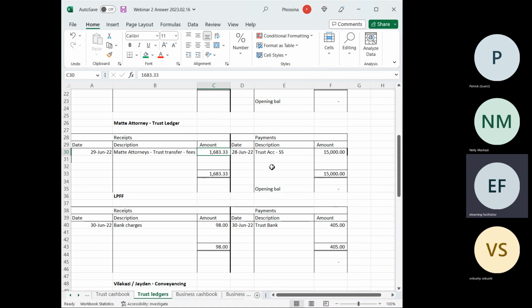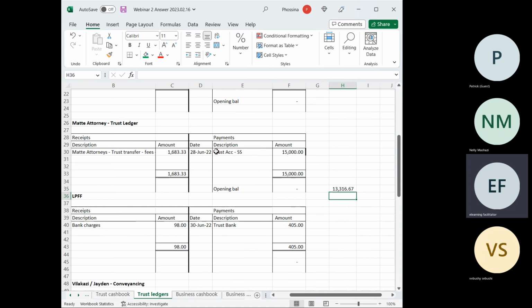So if you look at the two balances, if we are taking this to recover our cost and our fees, then it means at the end of the day, we are supposed to pay Met Attorneys this amount, 13,316.67. So that is what is going to go to them for the collection that we have done.